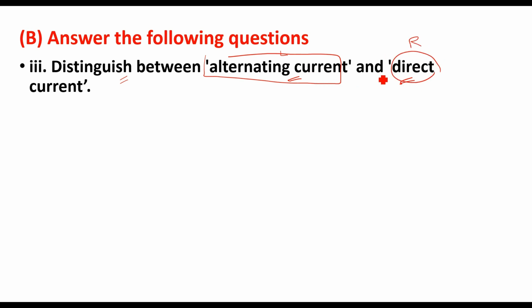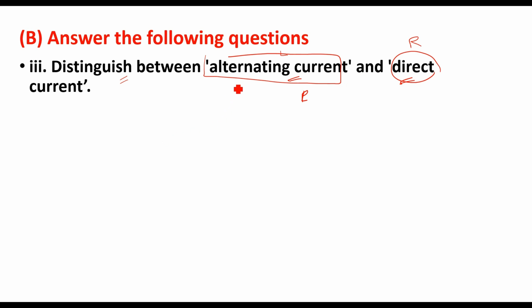Sometimes the examiner asks the question in a reverse way, that is, on the left they will give you direct current and then alternating, and the students are not reading the question properly, and directly they are writing their answers.